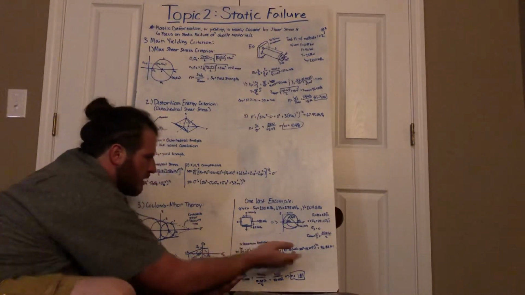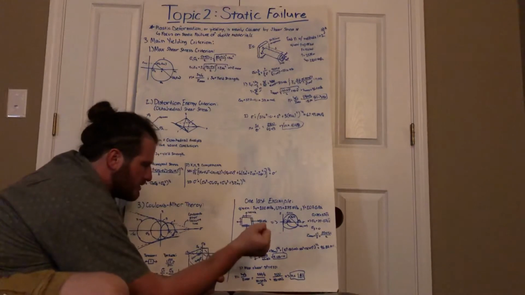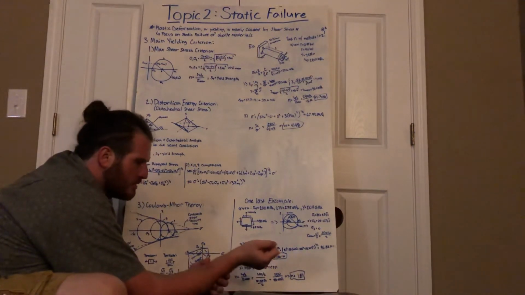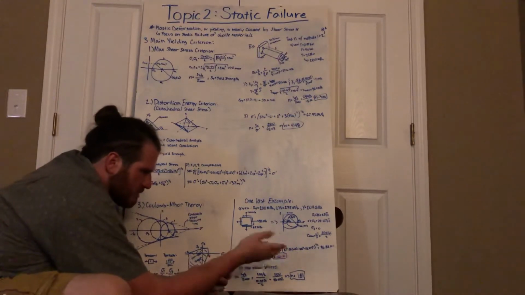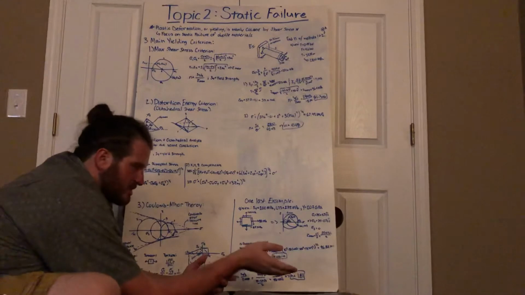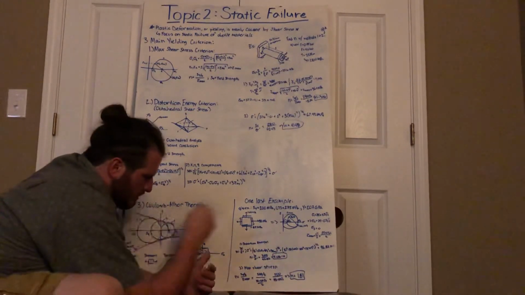Now plugging in our numbers, we get a value of 96.82 megapascals. Plugging that into our safety factor equation, we get 200 divided by that sigma prime, and we'll get a factor of safety of 2.06.